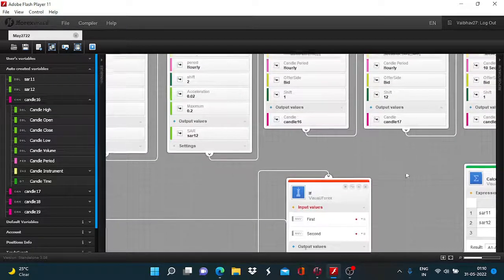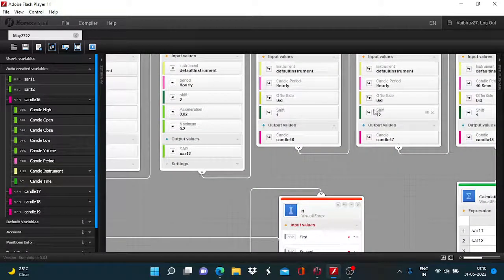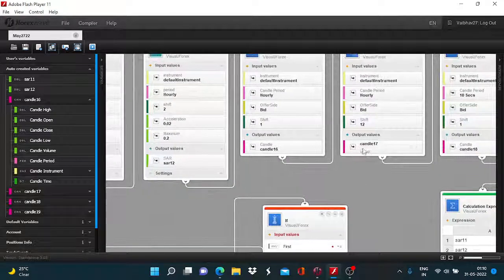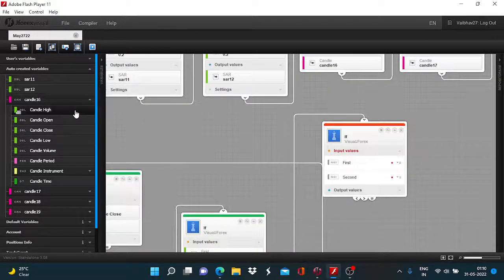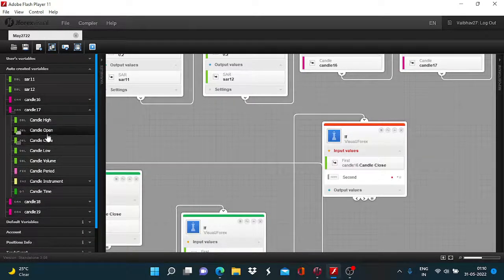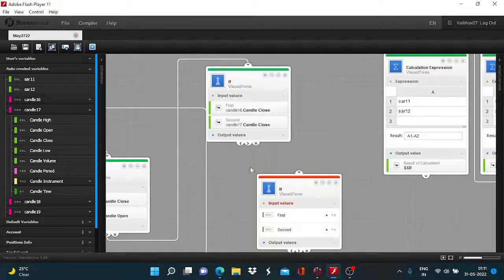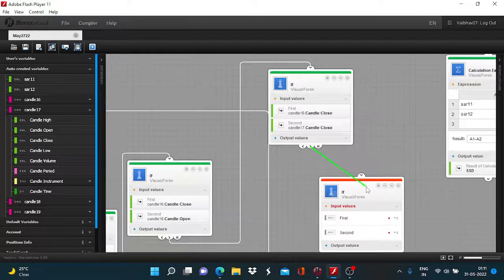Then the closing value of the candle 16 needs to be greater than the closing value of candle 17, which is the hourly candle which had closed 12 hours back. It has a look back period of 12. So I will compare these two values. First input greater than second input.